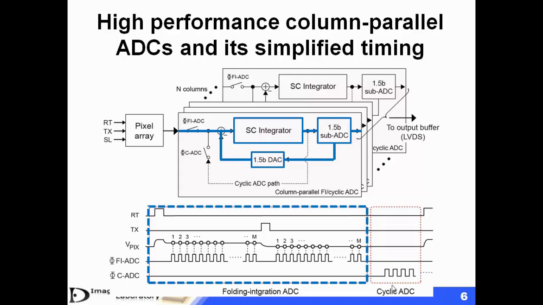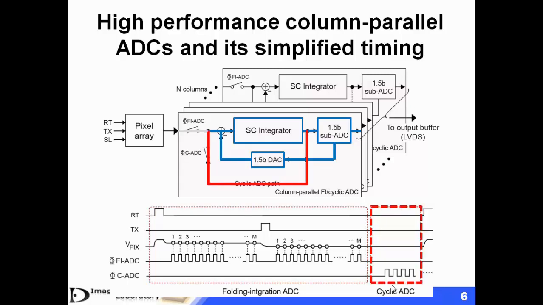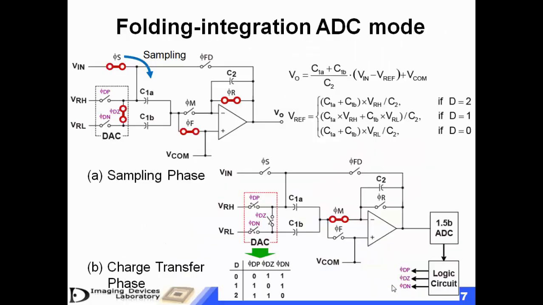This circuit configuration is then moved to the cyclic ADC mode. This one is almost the same. The analog part is not changed. We just change the sampling path, not from the pixel, but as feedback from the analog output node. Basically, we can divide the operation into two phases: the sampling phase and the charge transfer phase.